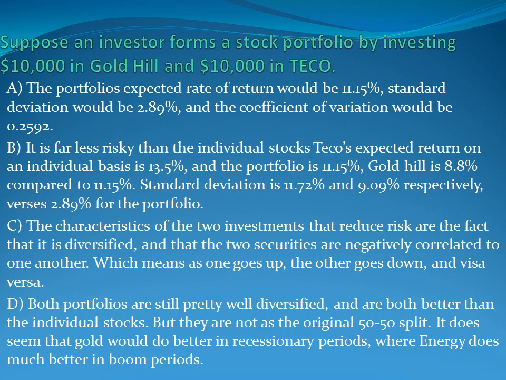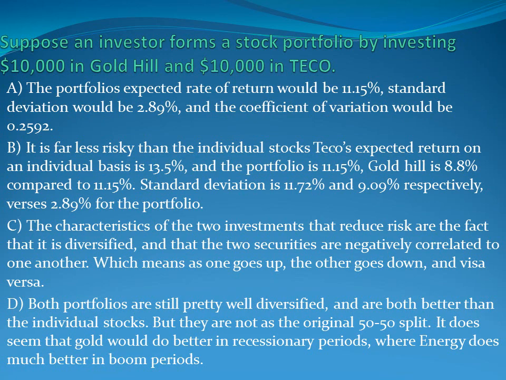TICO's expected return on an individual basis is 13.5%, and the portfolio is 11.5%, whereas Gold Hill is 8.8% compared to 11.15%. The standard deviation is 11.72% and 9.09% respectively versus 2.89 for the portfolio.